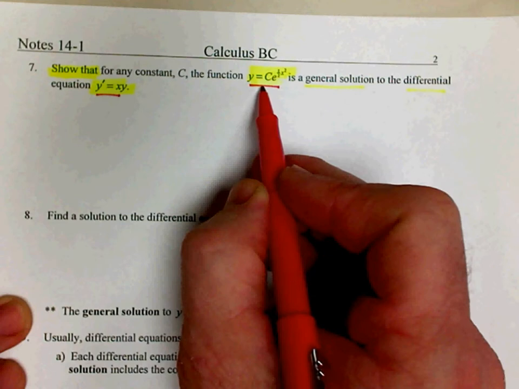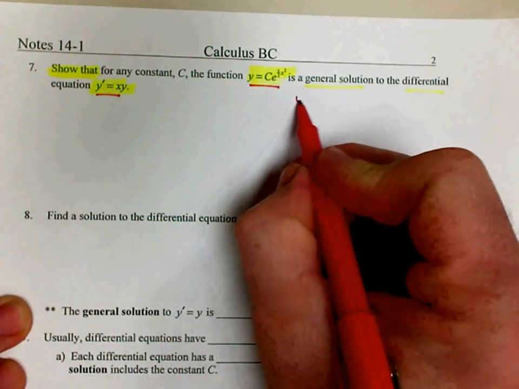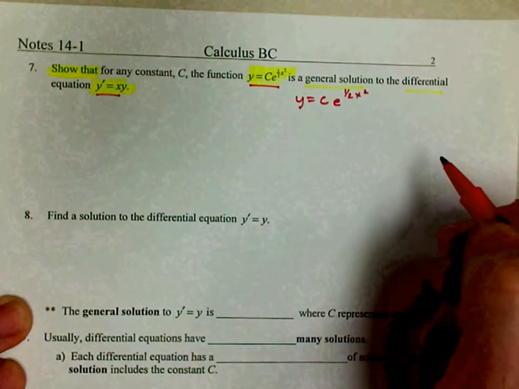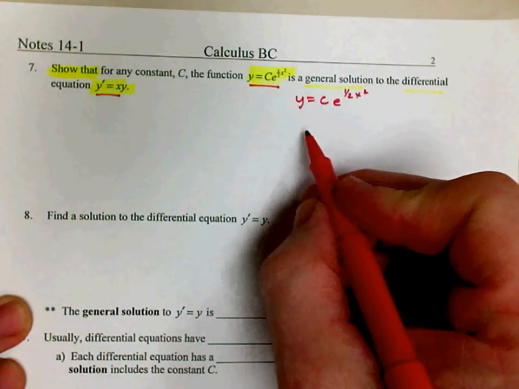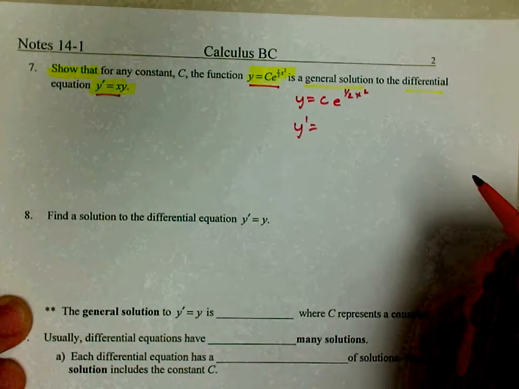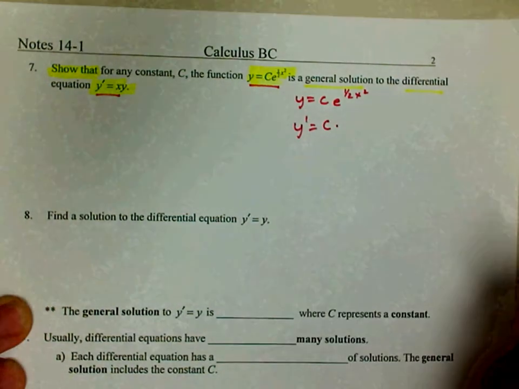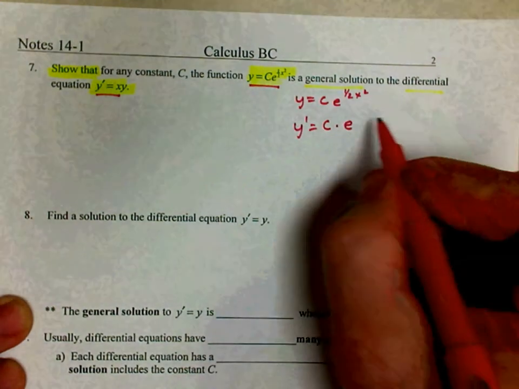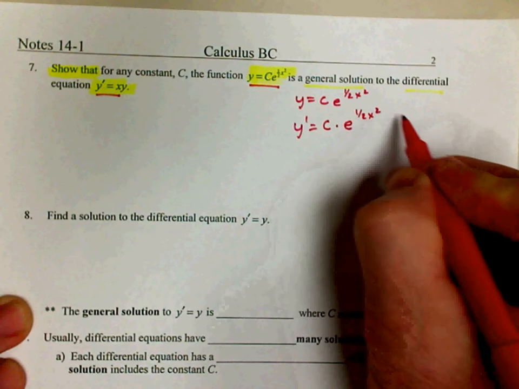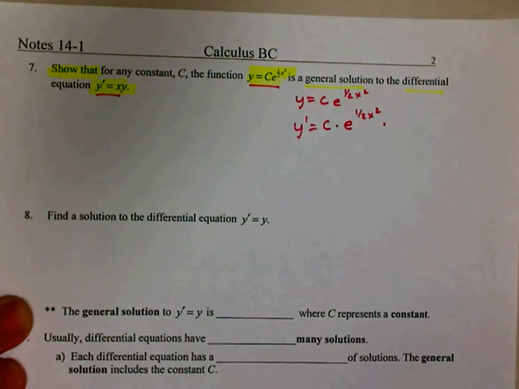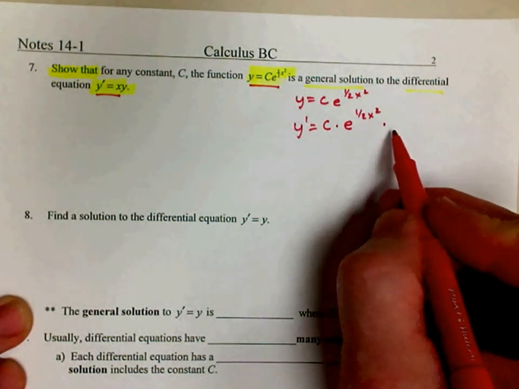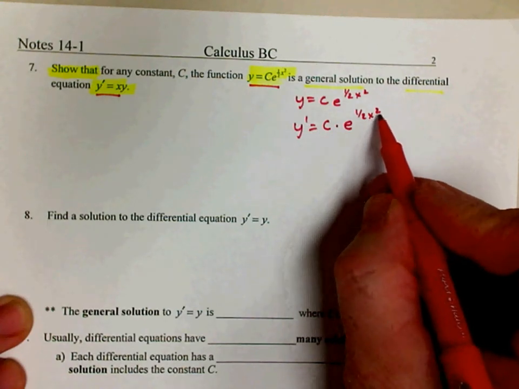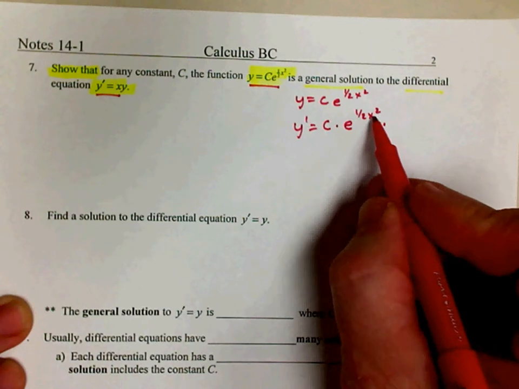So first of all, if we have y equals c times e to the 1/2 x squared, and we take the derivative of that, y prime would be constant times, chain rule here, derivative of the outside is e to the x, keep the inside, 1/2 x squared, times the derivative of the inside. What's the derivative of the inside? The derivative of x squared is 2x, 2x times 1/2 is x.